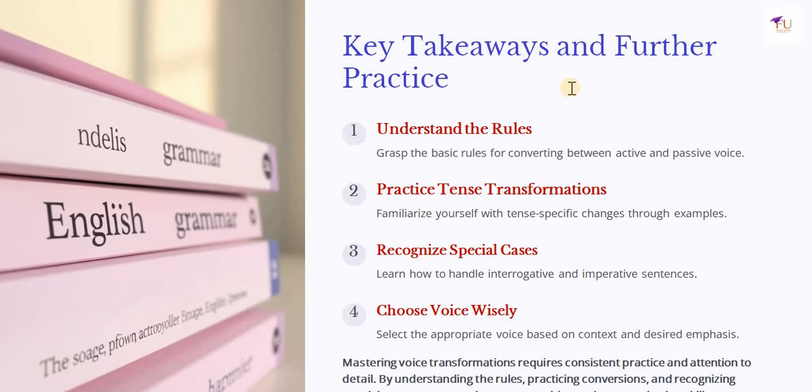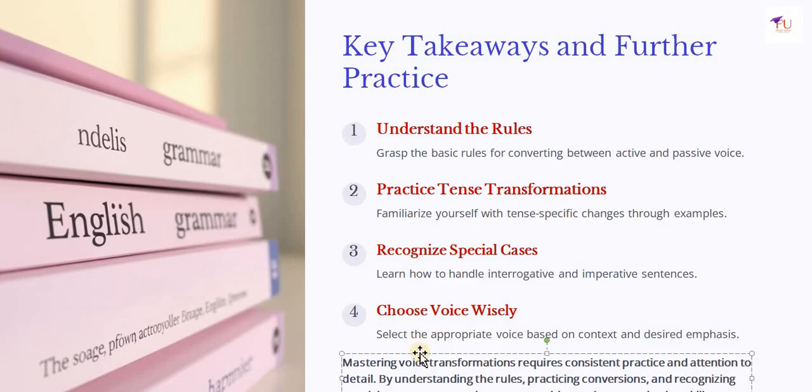Okay, key takeaways and further practice. Understand the rules: grasp the basic rules for converting between active and passive voice, and practice tense transformation, which is very important. Familiarize yourself with the tense-specific changes through examples, and then recognize special cases. Learn how to handle interrogative and imperative sentences, which is also important. And choose the voice wisely, whether I should use the active or the passive.